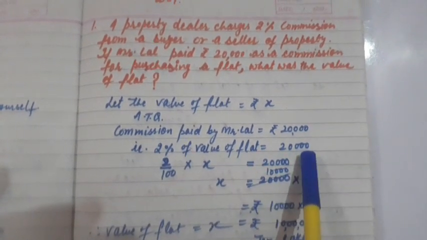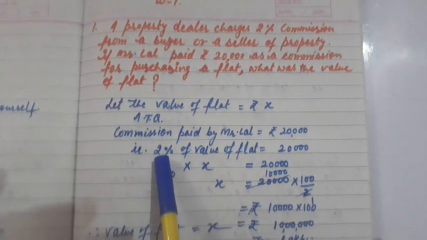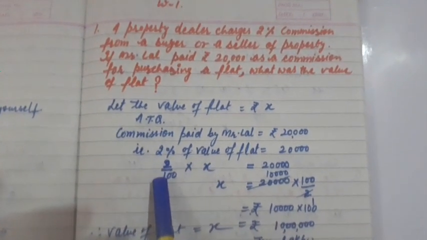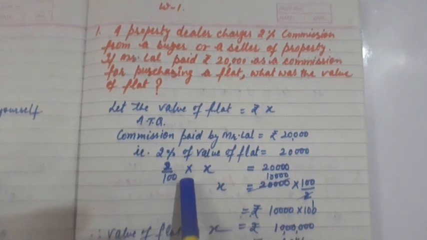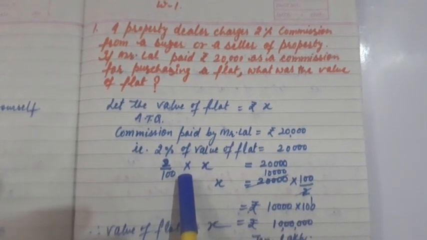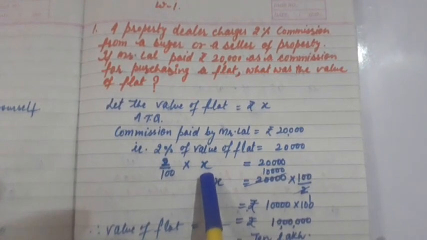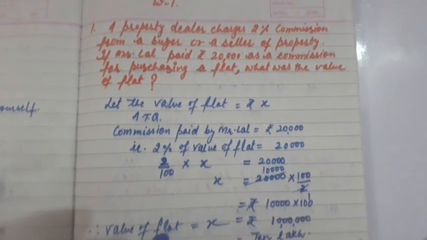So it is 20,000. Now we have to find the value of flat, that is x. So 2% means 2 upon 100 of the value of flat, as it is in multiplication form, and the value of flat we have supposed that is x, is equal to 20,000.